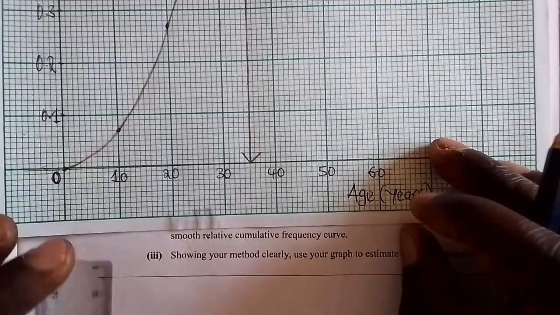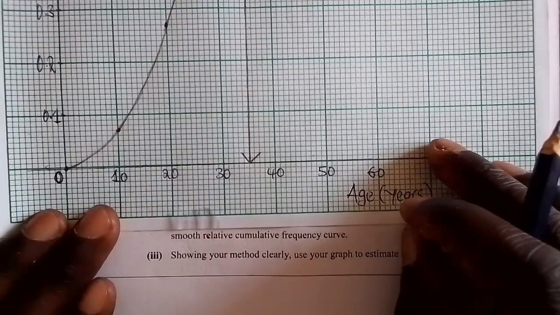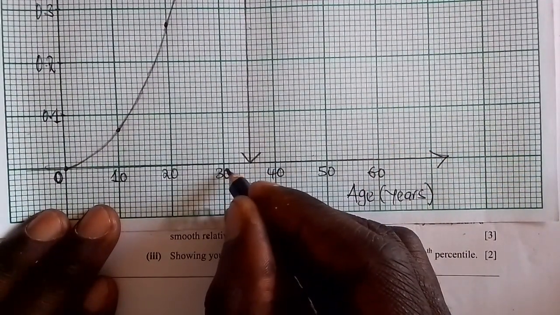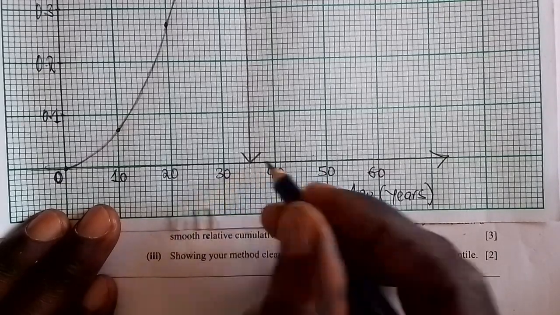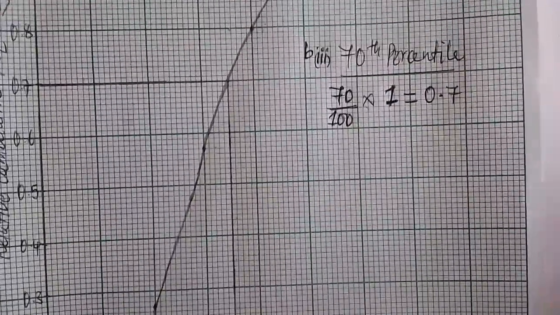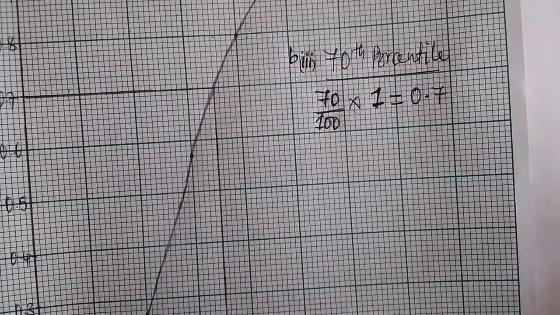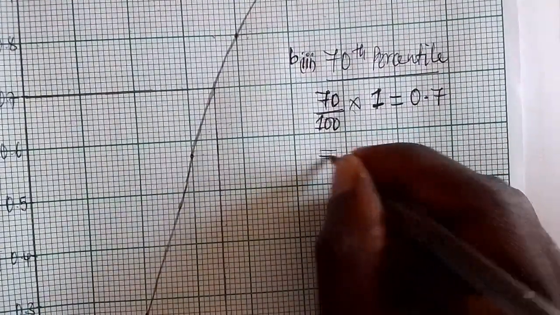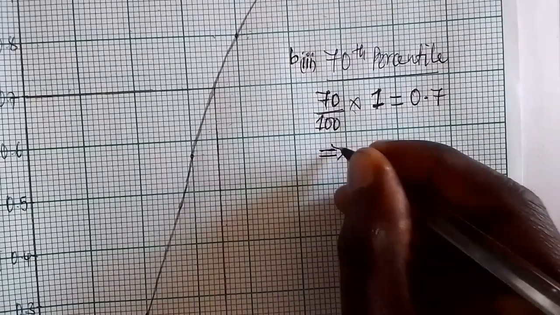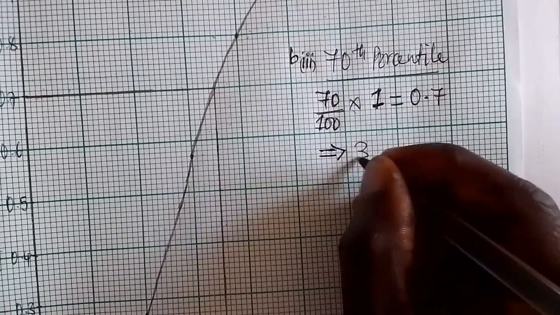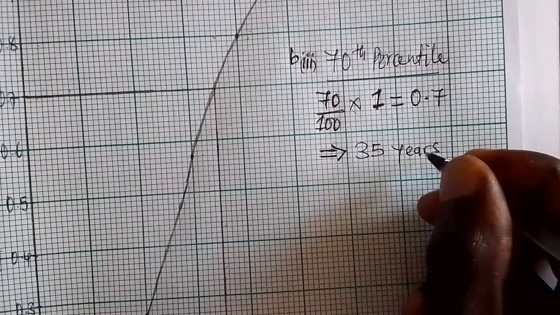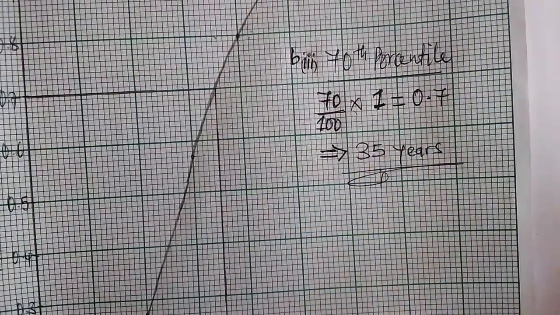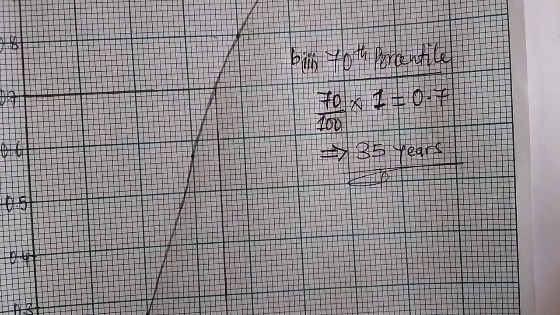The reading for this point is 30, 31, 32, 33, 34, 35. So the value we are looking for as the 70th percentile is 35 years.